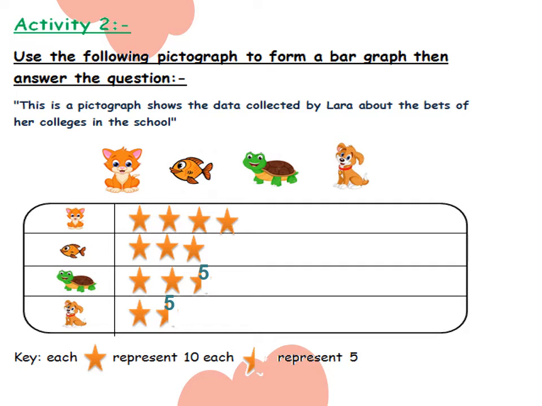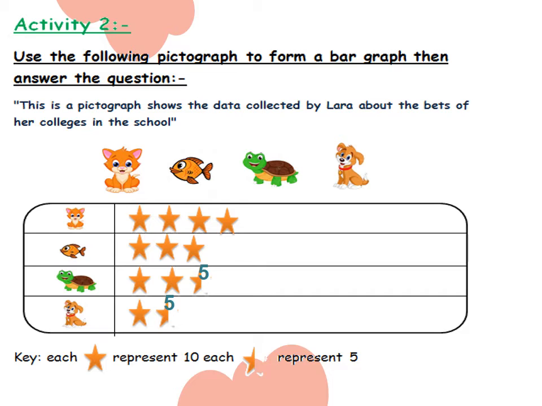Each star here represents 10 of her colleagues, and each half star represents 5 of her colleagues. So the number of stars represents the number of Lara's colleagues.